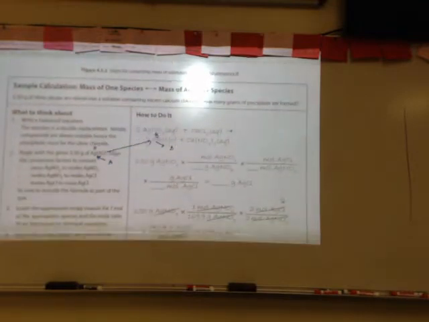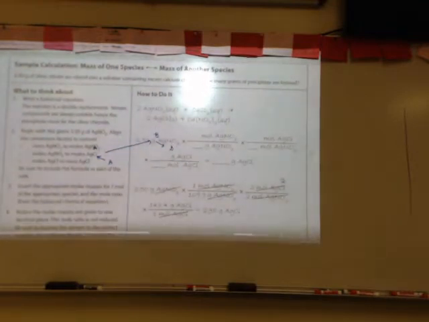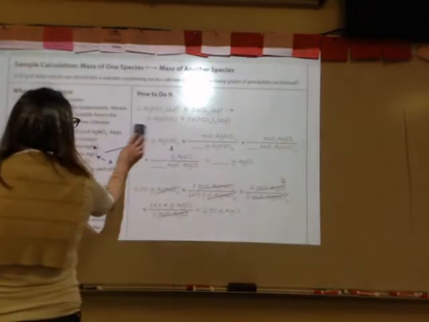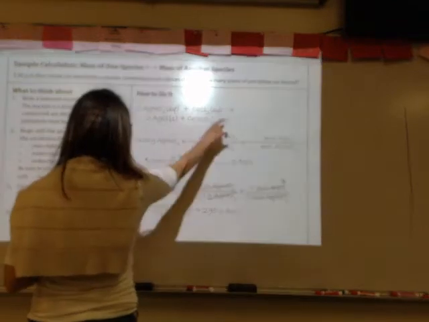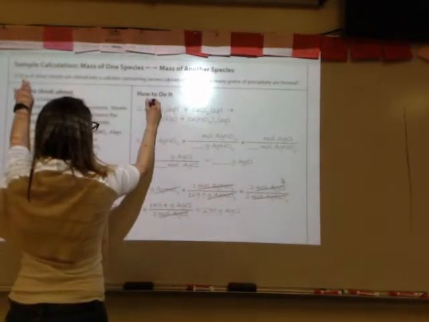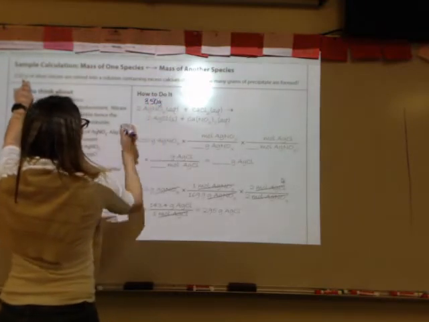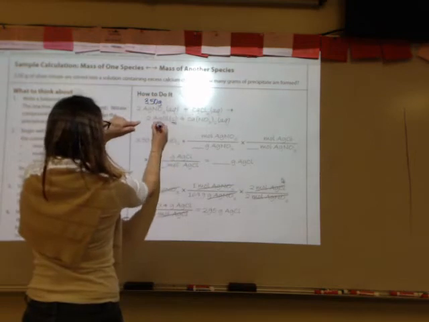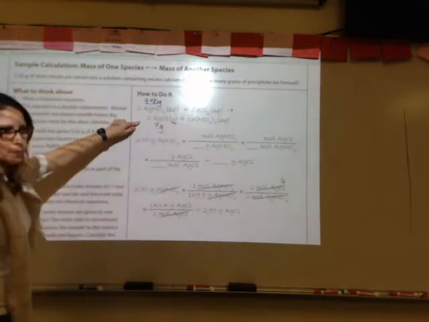So if we take a look here at this sample calculation, we're going to use the balanced equation that they've already given us. We have 3.50 grams of silver nitrate, and we want to know how many grams of the precipitate, which would be the silver chloride, are formed.